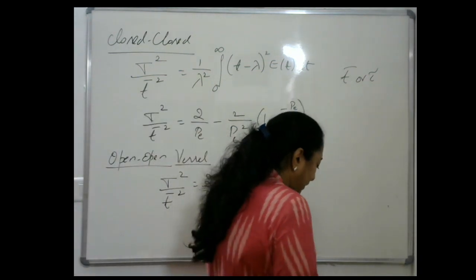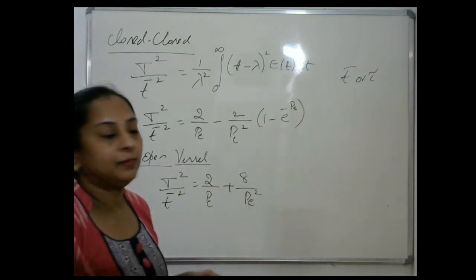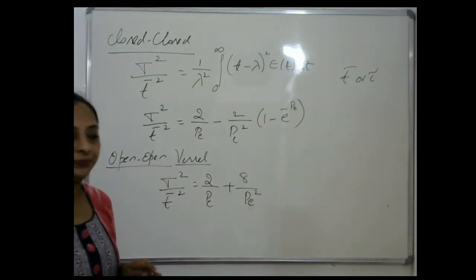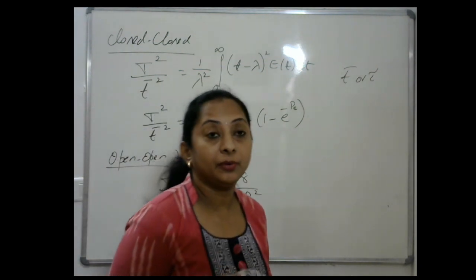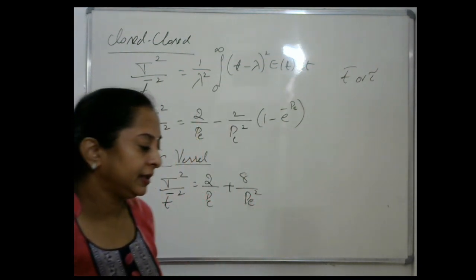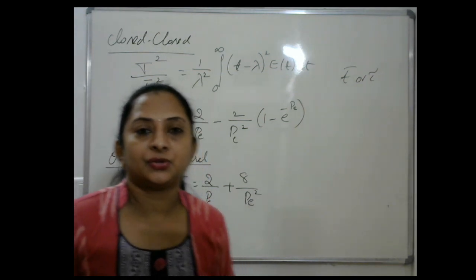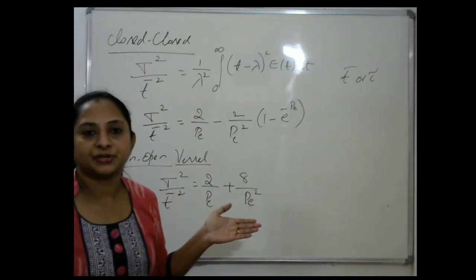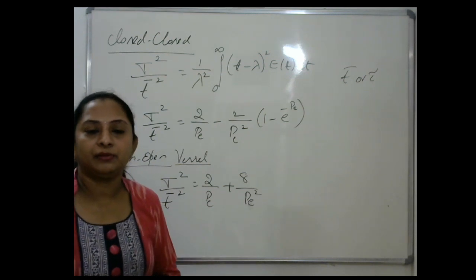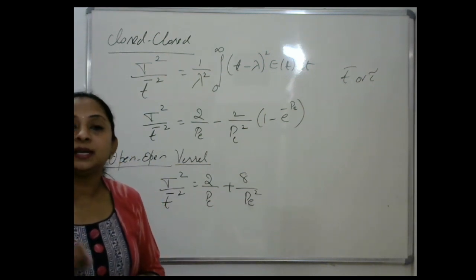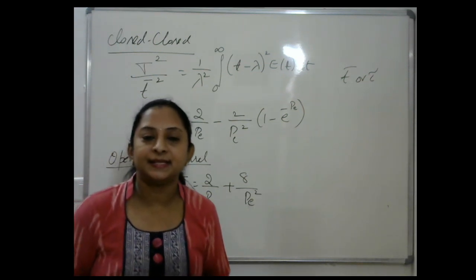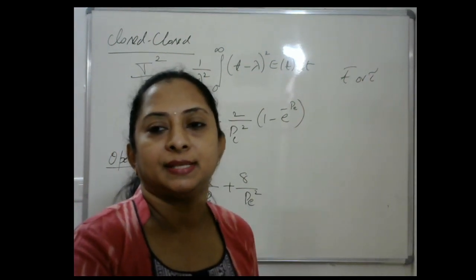So if you know the Peclet number, you can also find it if you know the value for the E curve. So this is about the axial dispersion model. Next we will be continuing with another model, a single parameter model, the tanks in series model. Yes. Thank you.